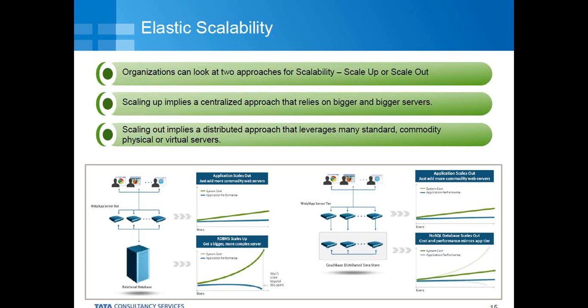Yes, there are cases where scalability can be done using SAN storage, but then the complexity and the cost involved is huge. And looking at the fact that most applications should be highly available, and most organizations expect 0% downtime, going for scalability on a relational database management system is very difficult.